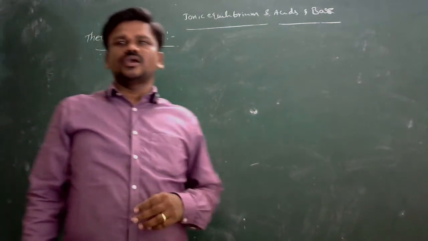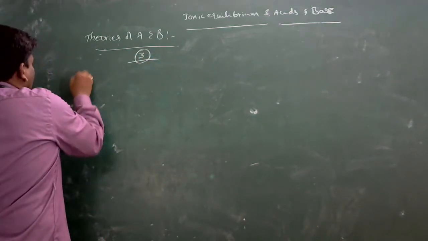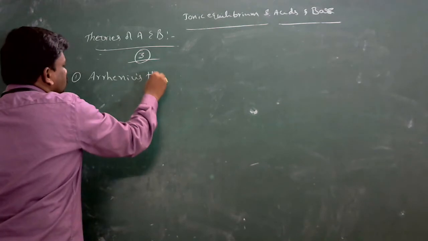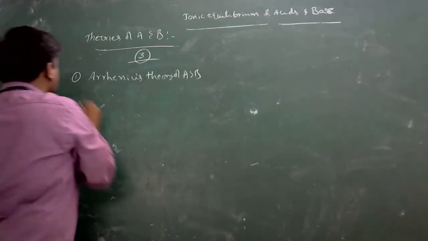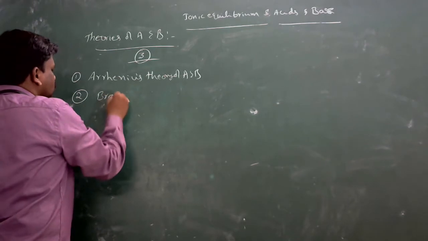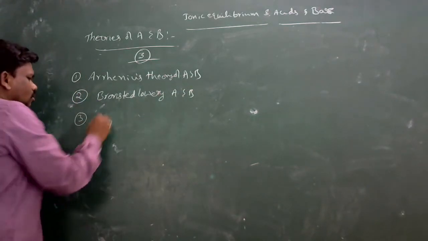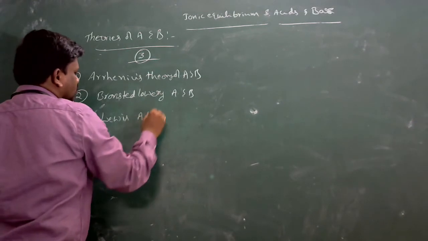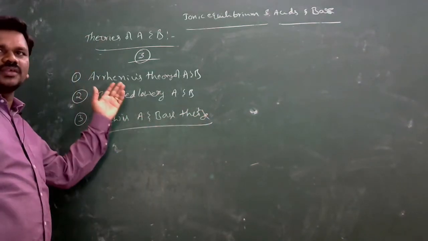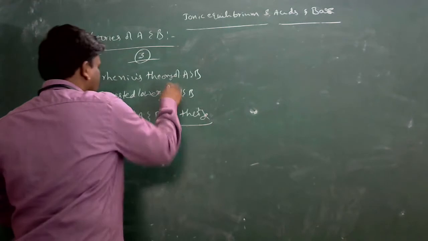These are mainly three types: the Arrhenius series of acids and bases, Bronsted-Lowry acids and bases, and another one, the Lewis acid base series.